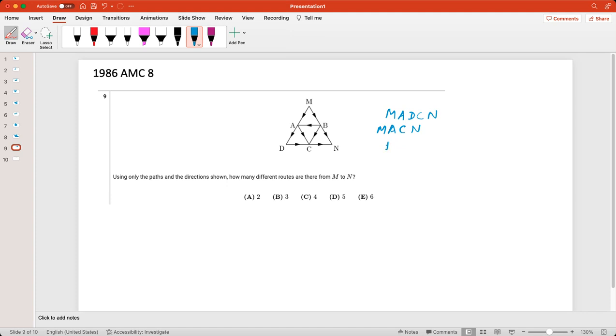Now for B, we have M, B, N, then we have M, B, C, N, then we have MBACN, and then we have MBADCN. Okay, now we have 6 routes and 6 is the highest number. We cannot have a route more than this because there's no answer option. So your answer is E6.